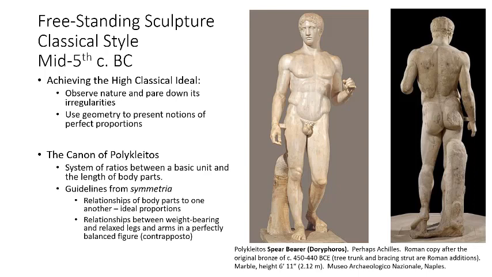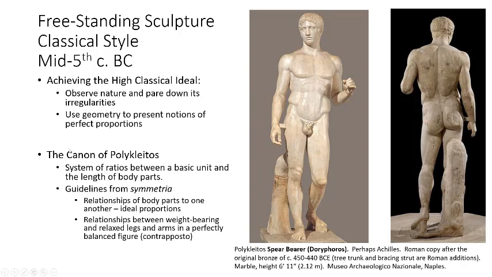So here we are back to that spear bearer, which I said was basically the height of the contrapposto freestanding male. This is the classical ideal. It observes nature and pares down the irregularities, making them more ideal, more perfect. It uses geometry to present notions of perfect proportions in their models.